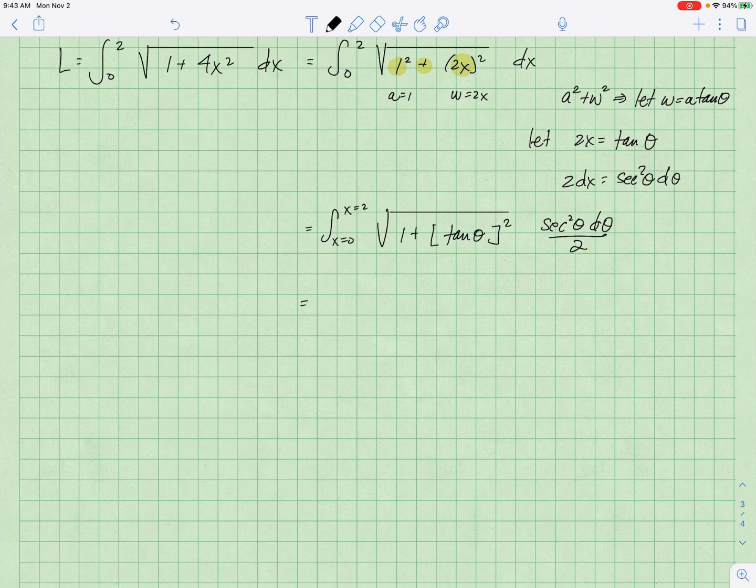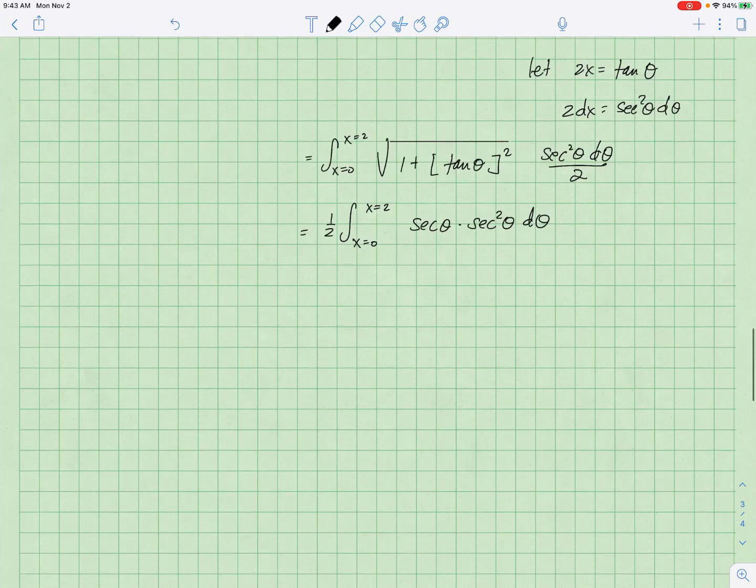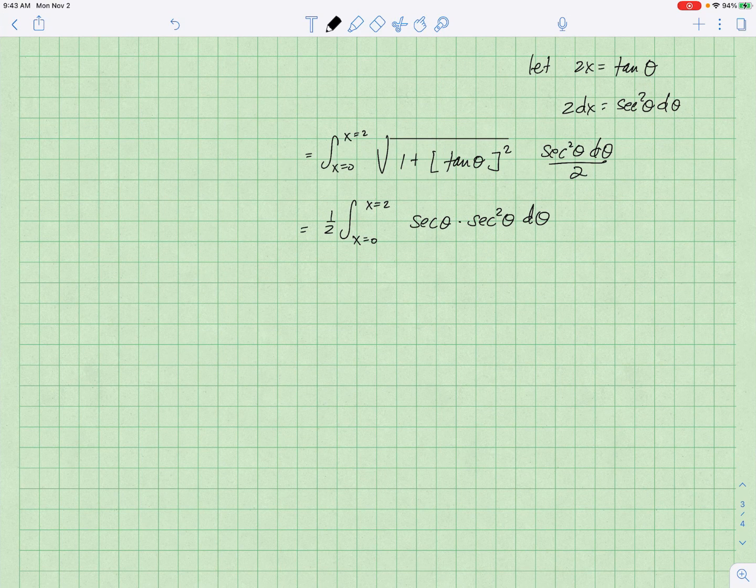And cleaning this up, we get 1/2 the integral of secant cubed, from x equals 0 to x equals 2. This is secant theta times secant squared theta d theta. Now, we can either go through the rigmarole of integrating that right now, or we can have that secant cubed integral memorized.